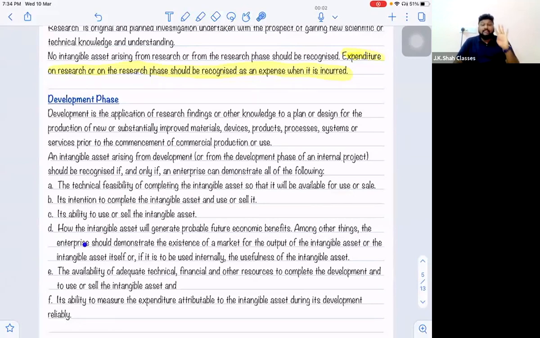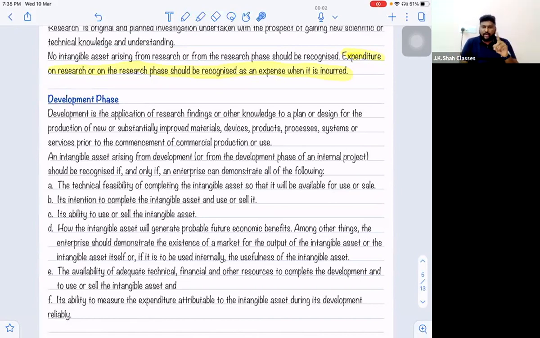Point number 4, the intangible asset which is going to get generated will have future economic benefits for your enterprise, either by using the intangible asset in your business and manufacturing products out of it and selling those products, or by selling the intangible asset itself.